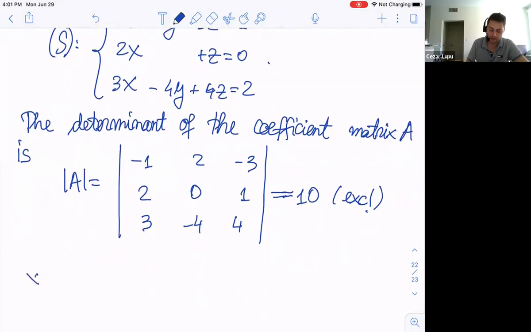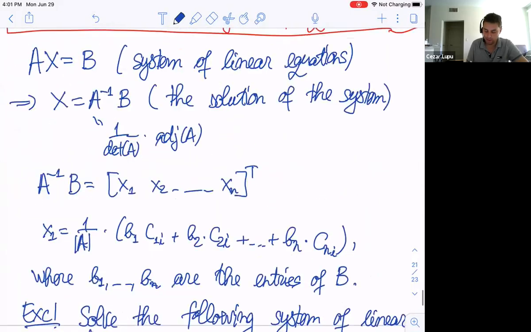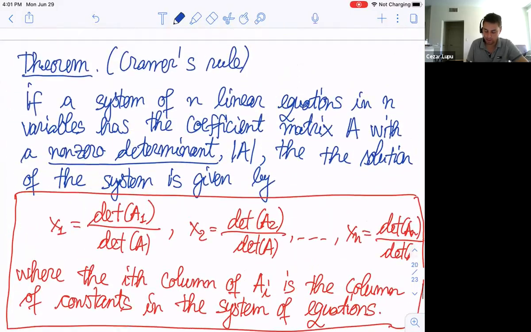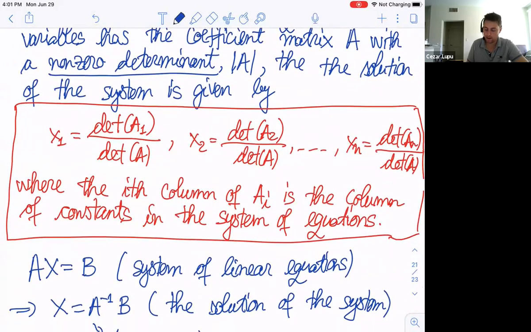So let's find x. We said that x will be 1 over the determinant of A, so it will be 1 over 10 times the determinant of the matrix. Keep in mind what we said before: the column i is the column of constants in the system of equations.